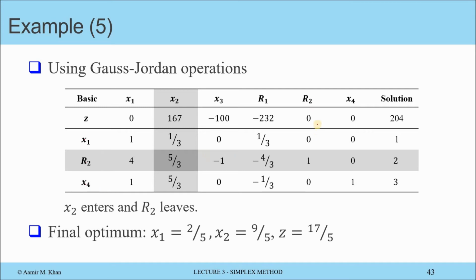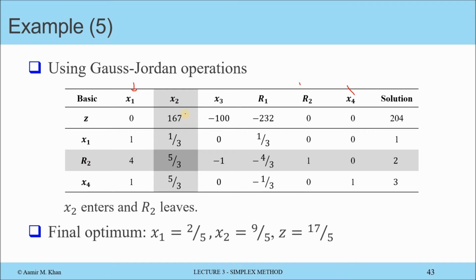Okay, next when you proceed with the next one, because X1 is your basic variable and R2 and X4 are basic variables, you try to check out your entering variable.